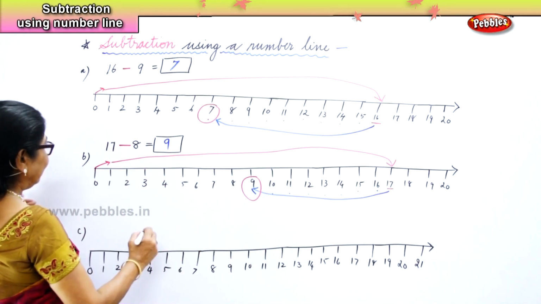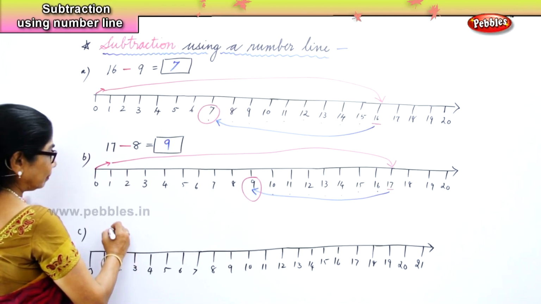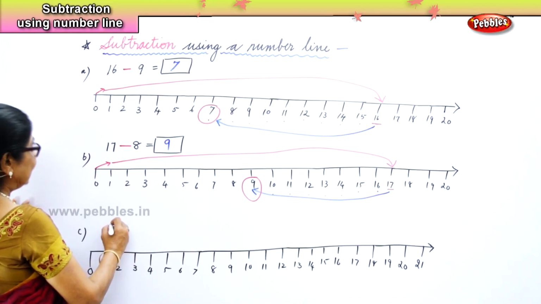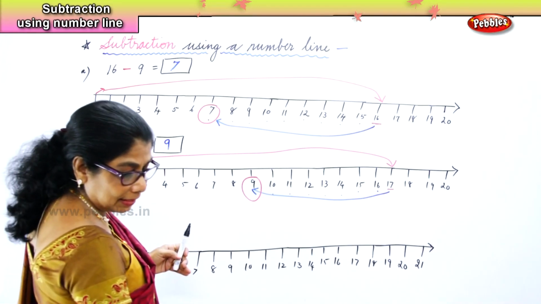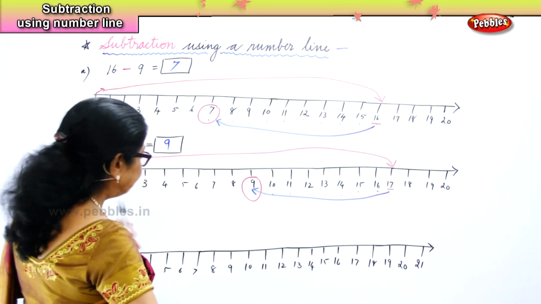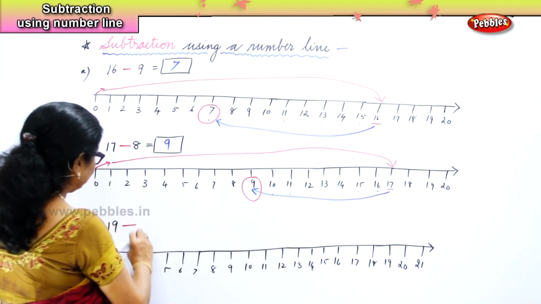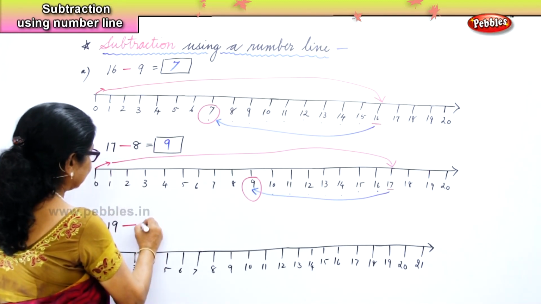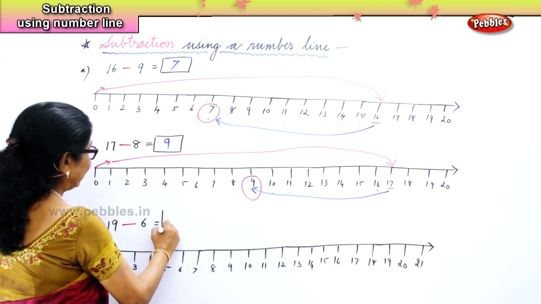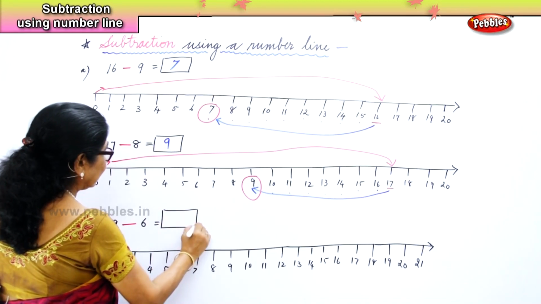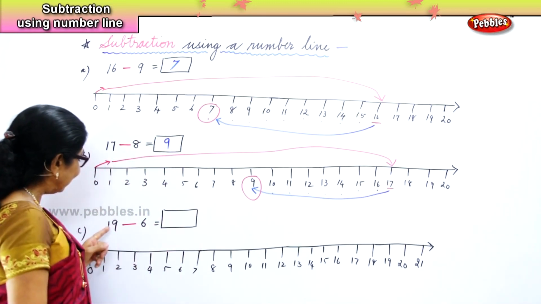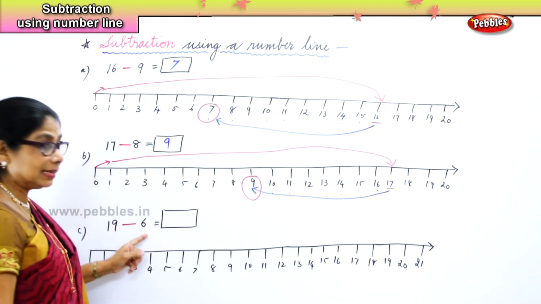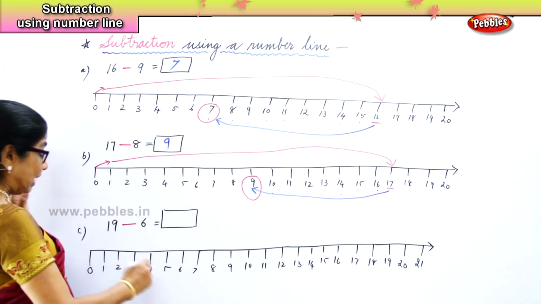Now, the sum I'm giving you is 19 minus 6. And let's find the answer. First of all, 19 minus 6. 19 take away 6.